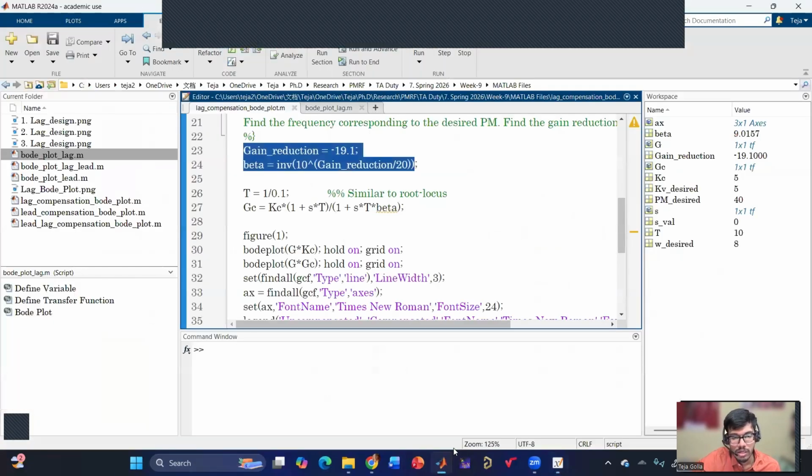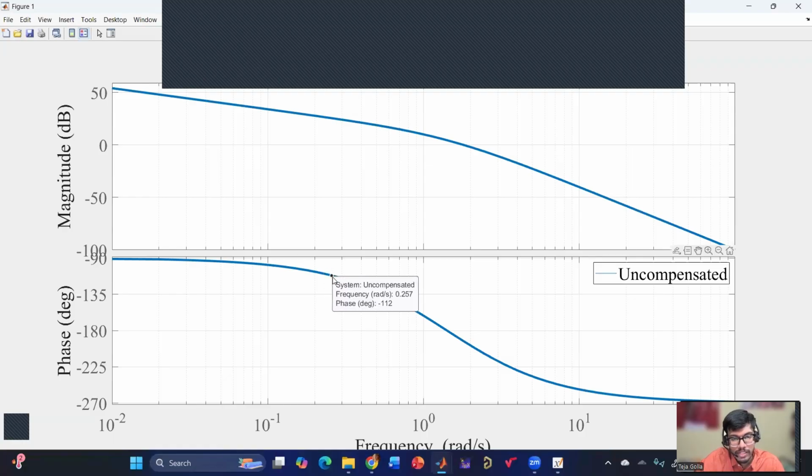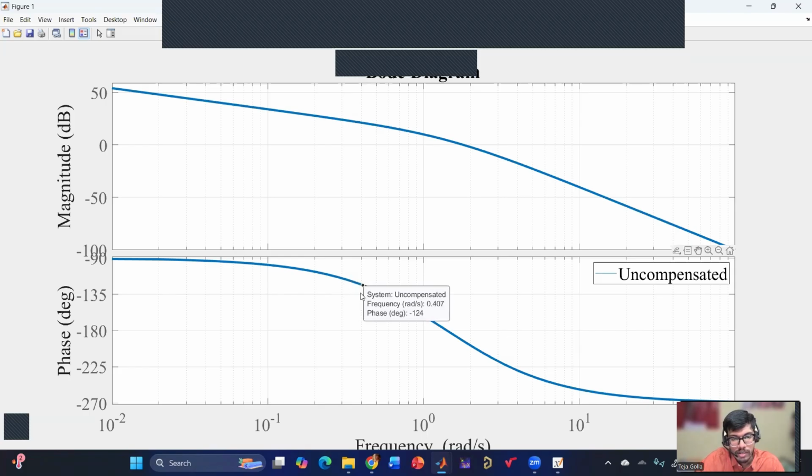So let us, did I close? Okay. I have to probably stop sharing, run it and then reshare. So now I have to see at which frequency I am getting 128 degrees, because I am now targeting 52 degrees.